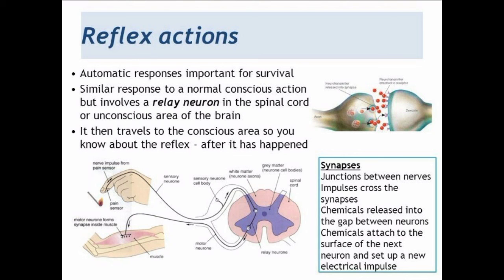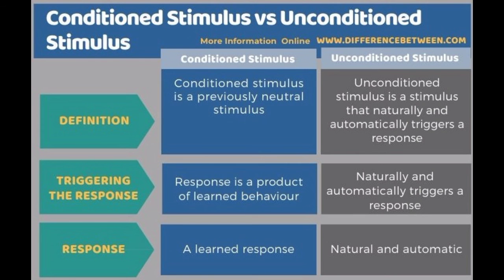So that is consciousness, but it does not wait for the brain to respond. It responds spontaneously, because that was important for survival during that time. So it reaches the conscious area, that is the brain, after it happens, so that we could know.